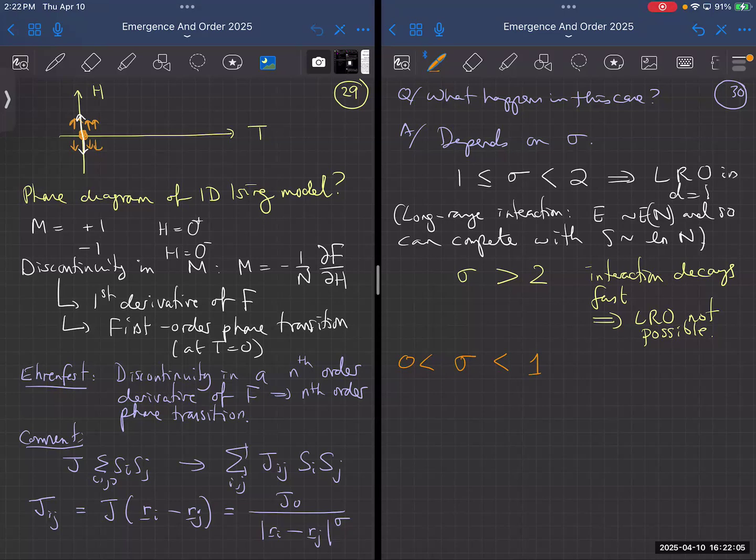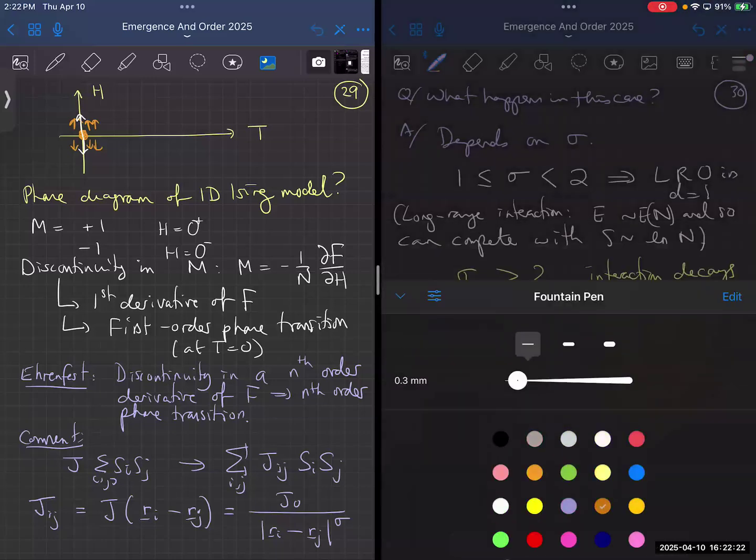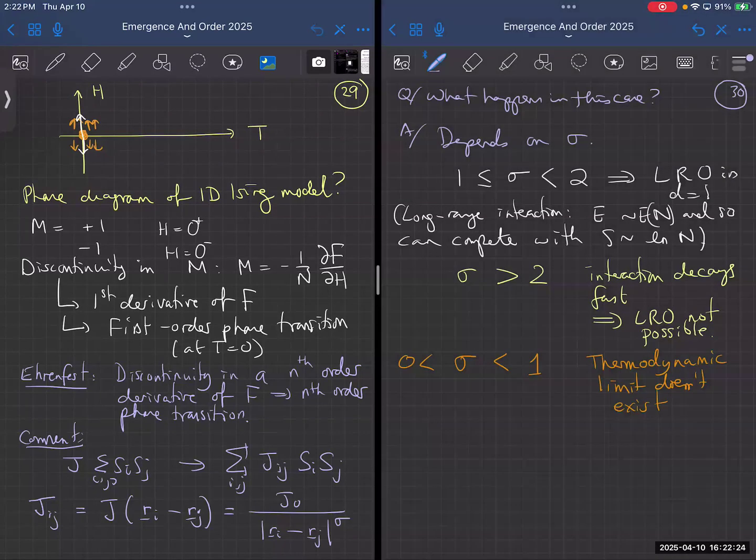In other words, what that means is that the thermodynamic limit doesn't exist. So why do we care about that? Well, we expect that the energy is additive and the free energy is additive. So we expect that if I take the limit as n goes to infinity of the free energy of the system over n, then that should be the free energy per unit volume.